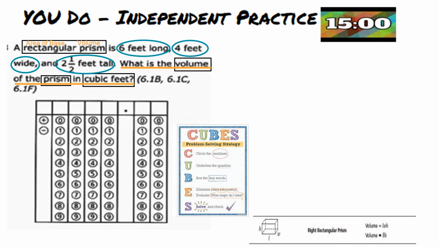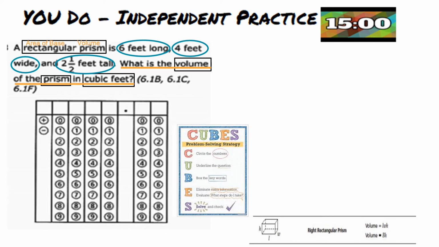The formula for the volume of a rectangular prism is length times width times height, or area of base times height.